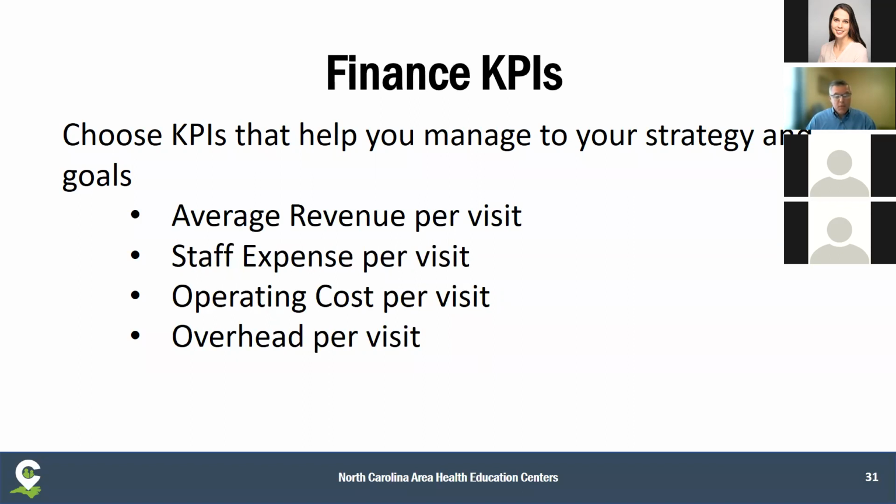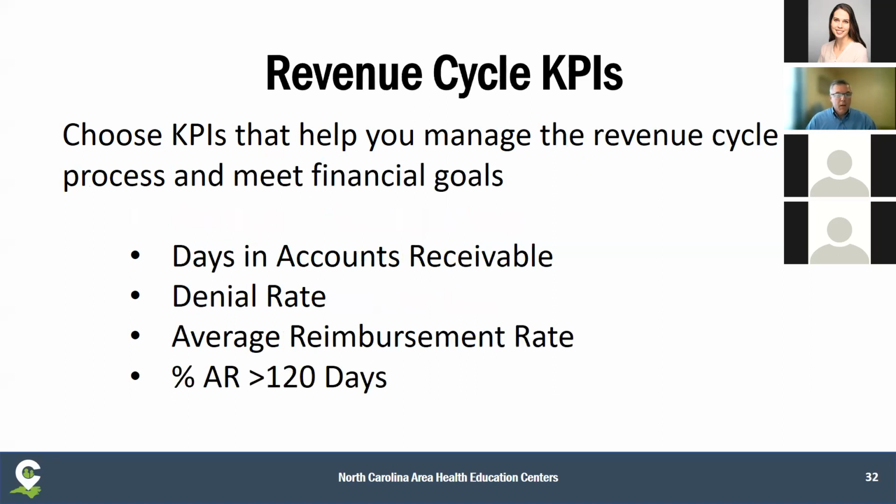Finance KPIs, we mentioned some of these last time, or Ramin did in his section, but these are items that you want to monitor to see how you are doing financially and to drive financial improvement and financial performance. Things like average revenue per visit, staff expense per visit, operating cost, and overhead per visit. Again, things that drive your financial strategy and data monitoring.